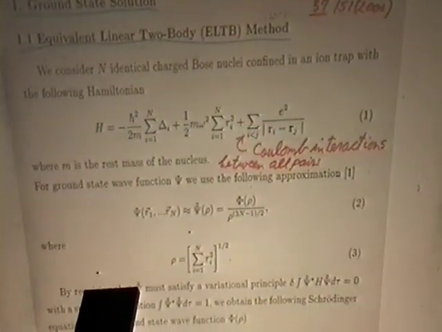And everyone knows how to solve a two-body Schrödinger equation. This is almost looking like a Schrödinger equation in this coordinate rho, which is defined here. This looks like a centrifugal term, and it is very similar. And the effective potential becomes something like that. Now remember, this equation came out of the original Hamiltonian, which includes all pairwise Coulomb interactions.